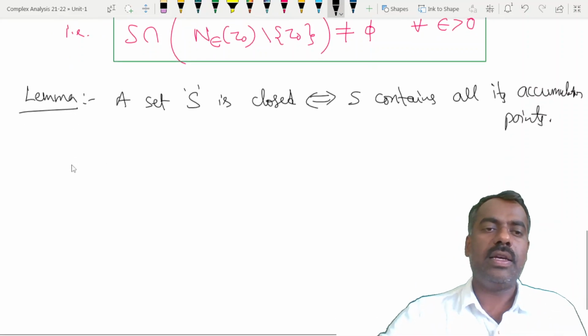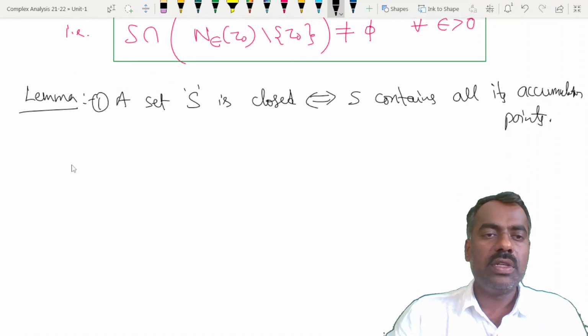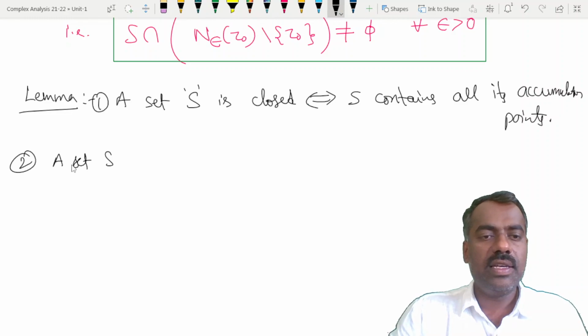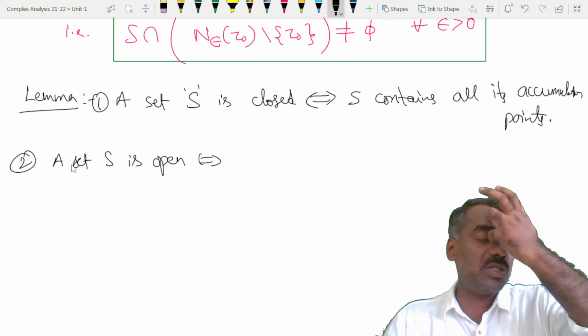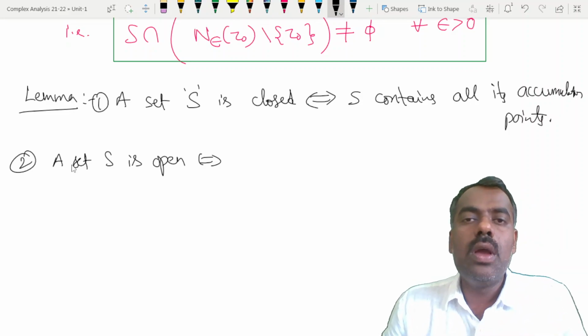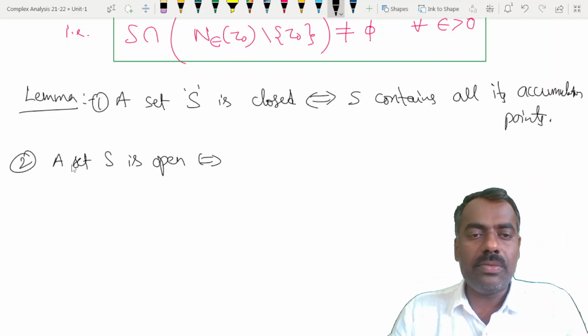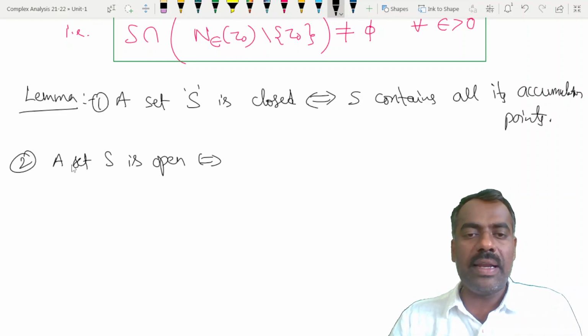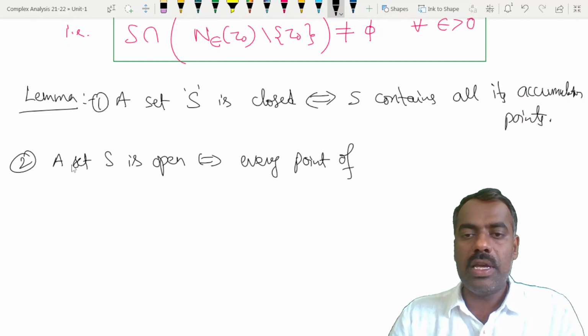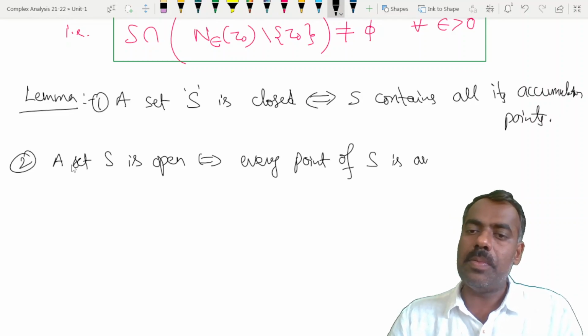And second, we will prove that a set S is open. By definition, open set and closed set were defined in terms of boundary points. Now for the open set we will give it in terms of interior points. A set S is open if and only if every point of S is an interior point.